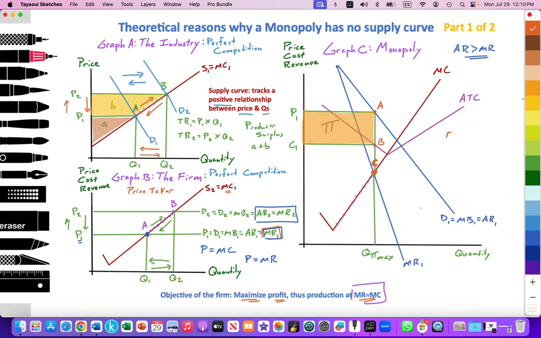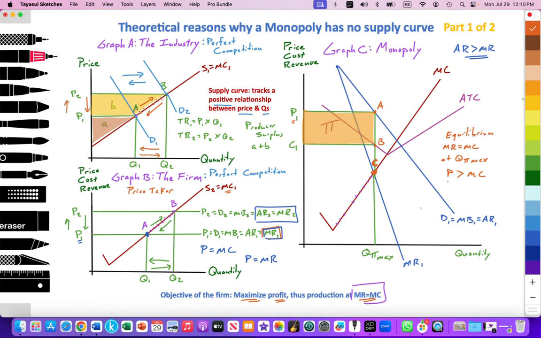At that equilibrium, where marginal revenue equals marginal cost, where the firm is maximizing profit, setting a quantity at quantity with profit being maximized, we see that now price is greater than marginal cost. All right, we can see price here is greater than the marginal costs at point B.